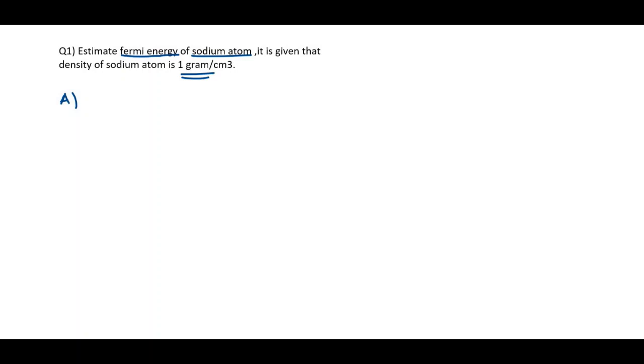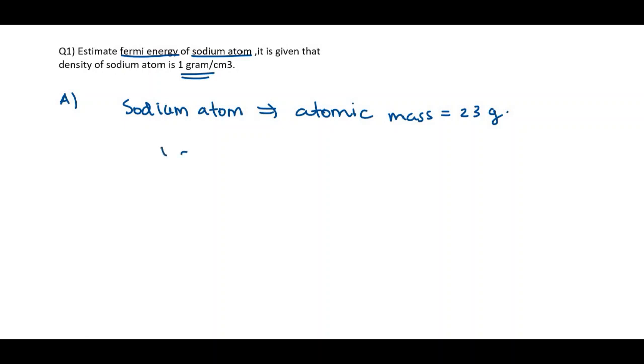First of all, it is given sodium, so its atomic mass is 23 gram, we know. It is given density is 1 gram per centimeter cube.